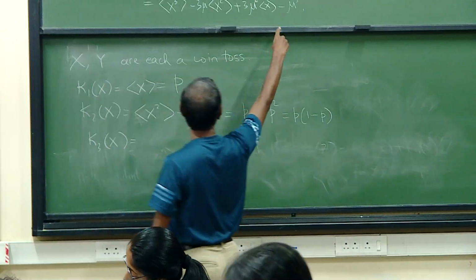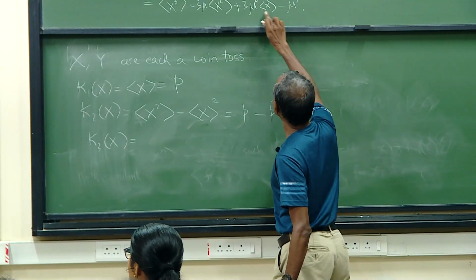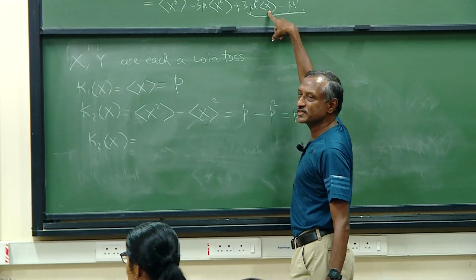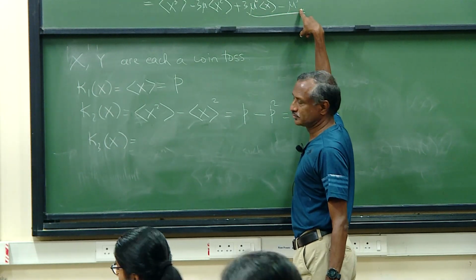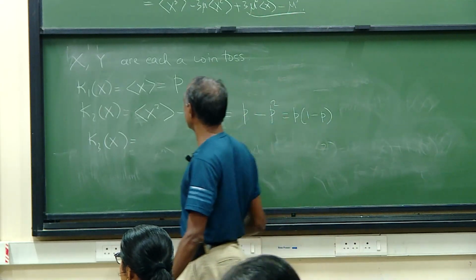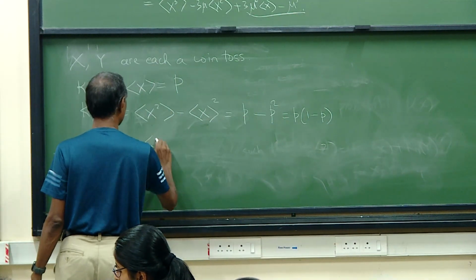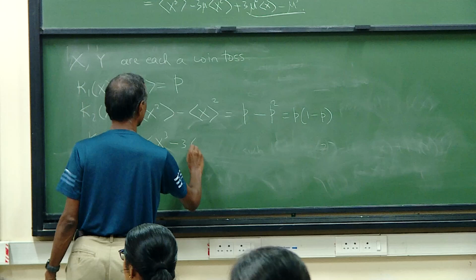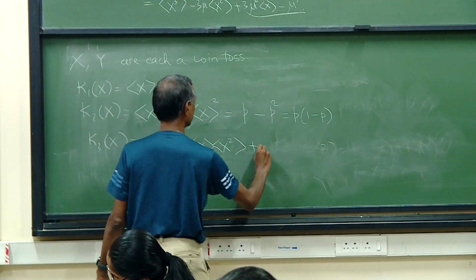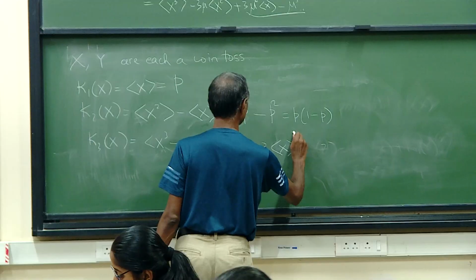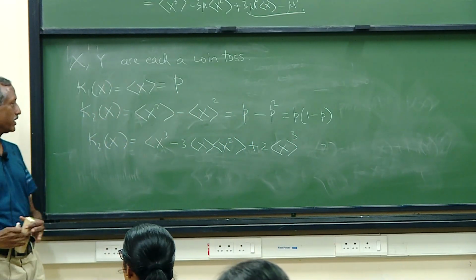I will use this form and simplify it further. You can see expectation value of x is what I called mu. So it's 3 mu square minus mu cubed, plus 2 mu cubed. So expectation value of x cubed minus 3 expectation value of x, expectation value of x square. This is an easier way of writing.